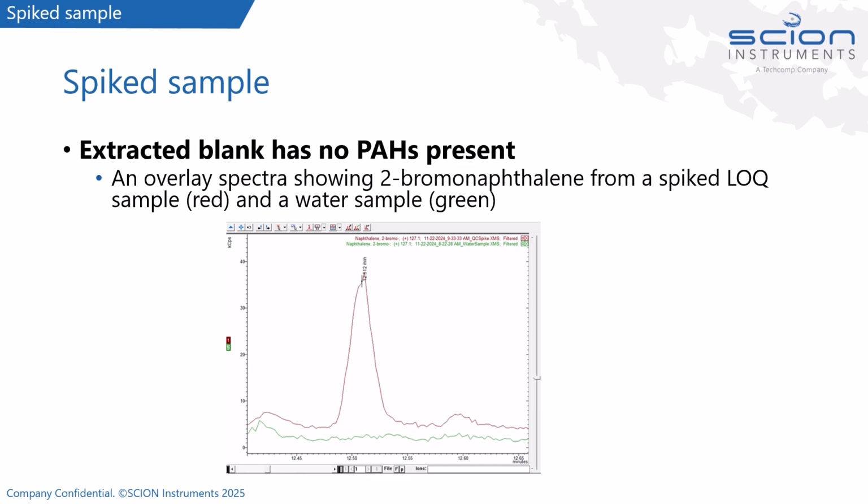An overlay showing 2-bromonaphthalene from a spiked LOQ sample in red and the water sample in green. This shows that you have a clean GC and MS with no contamination. Spiked samples are important as they confirm the full working of the method, with good recoveries that will show you no ill effects from the techniques used in the sample preparation on the target analytes.